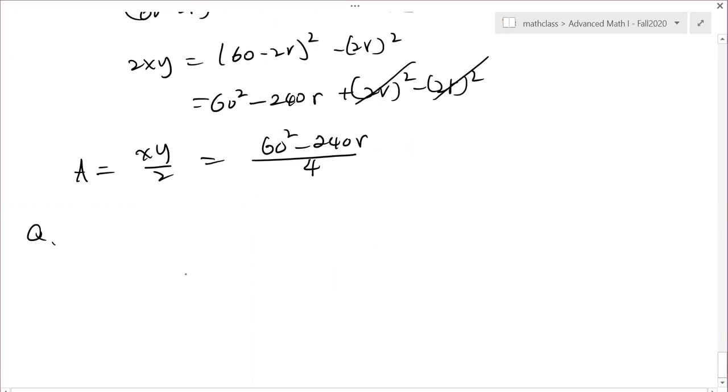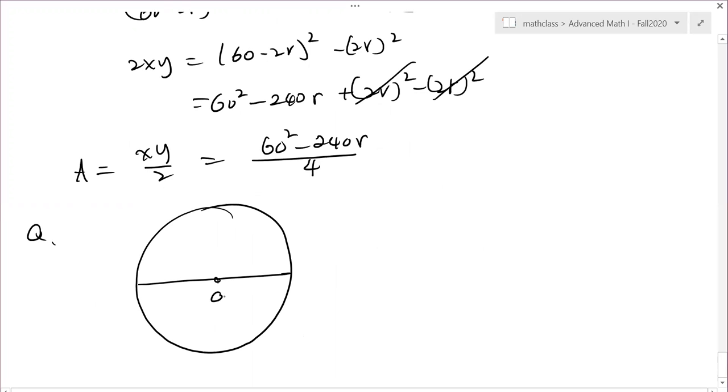All right, so our next problem is a circle here again, and this is the center, okay? And what I'm going to do is, here's E and C. And then take a point A here and then draw a rectangle.